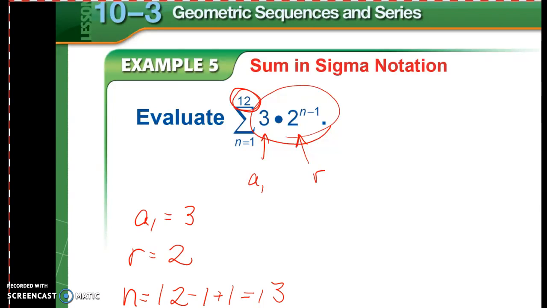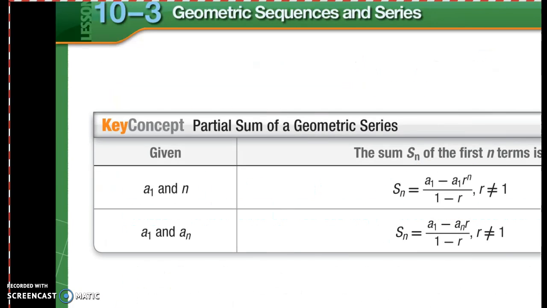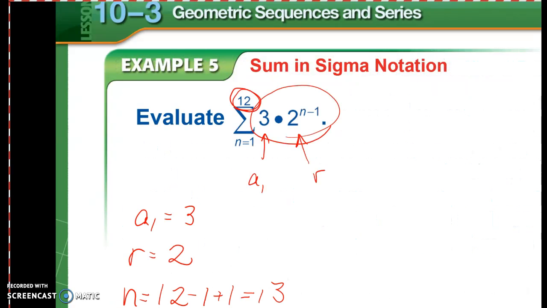So then I can plug that in. So it would be 3. Gotta remember that equation. Sorry, should have written that down. Three minus 3 times 2 to the n, over 1 minus my ratio.